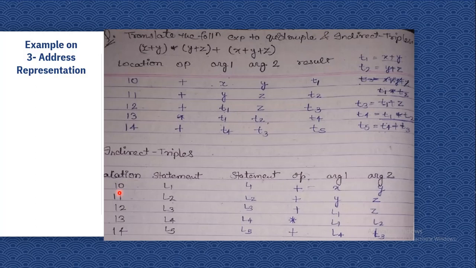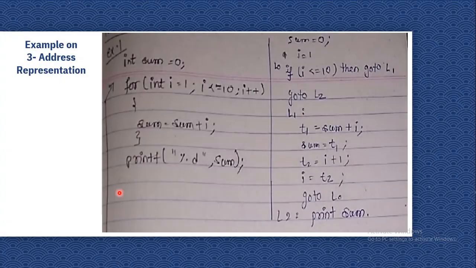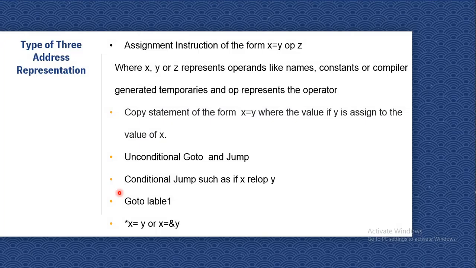Now you can get other questions in your AKTU end semester examination, as well as PSU examinations or the GATE examination, like what will be the three address code of the given expression or code. You are given some code and you have to convert it into the three address format. I'm repeating: what kind of code comes under the category of three address scheme?